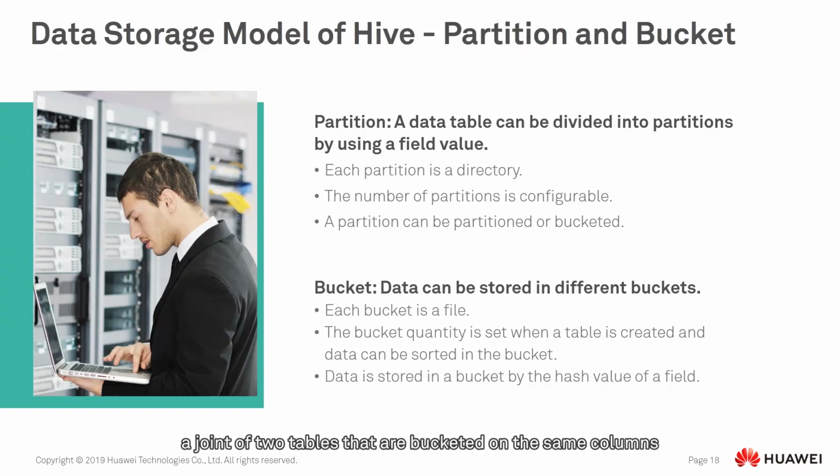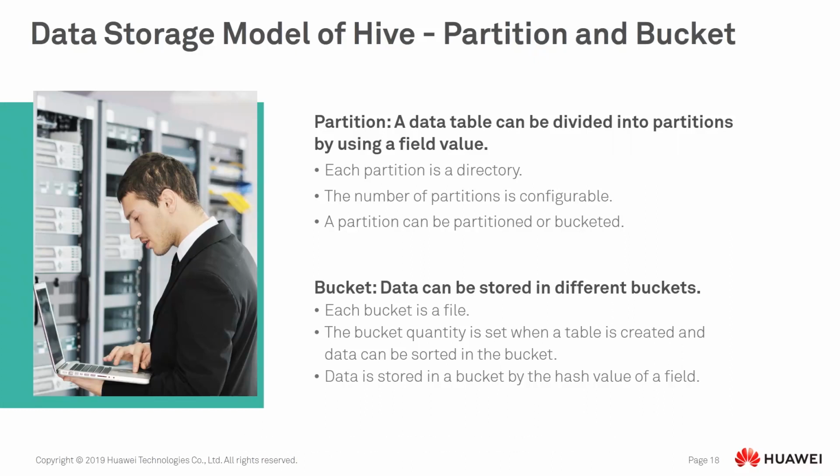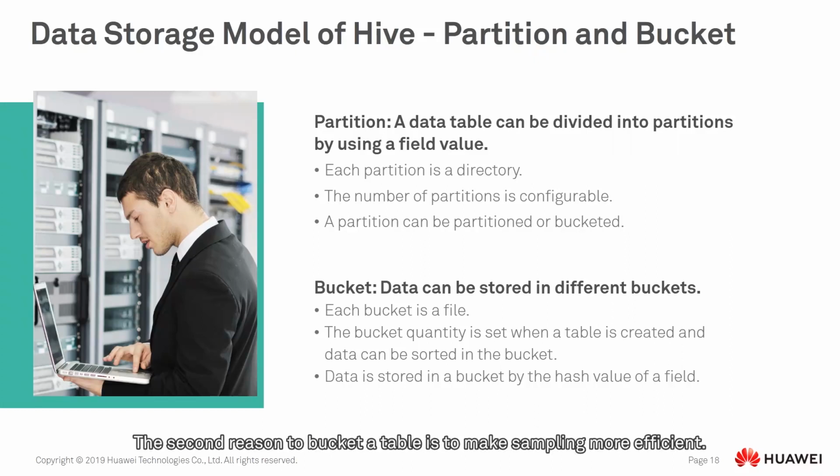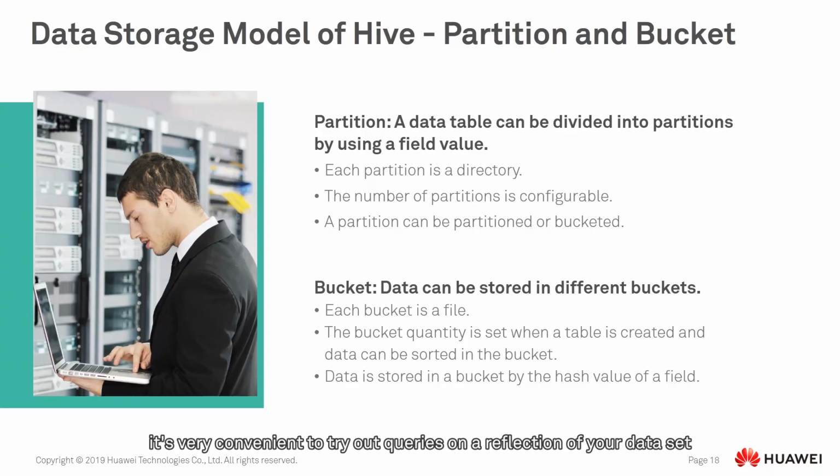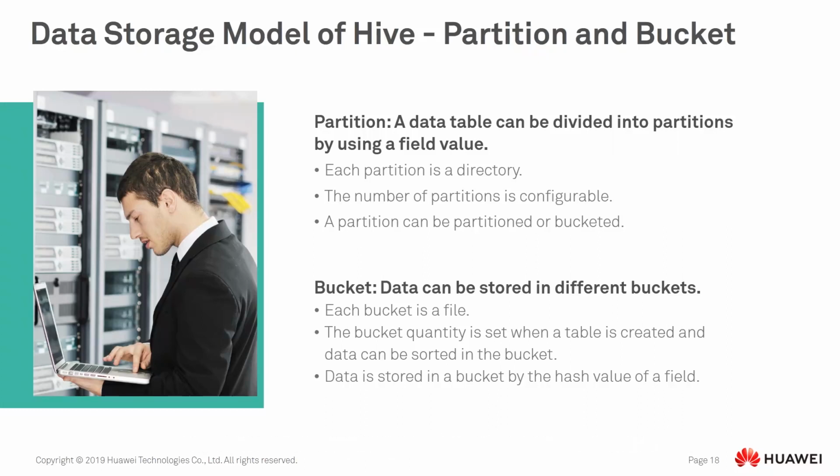In particular, a join of two tables that are bucketed on the same columns, which include the join columns, can be efficiently implemented as a map-side join. The second reason to bucket a table is to make sampling more efficient. When working with large datasets, it's very convenient to try out queries on a fraction of your dataset while you are in the process of developing or refining them.